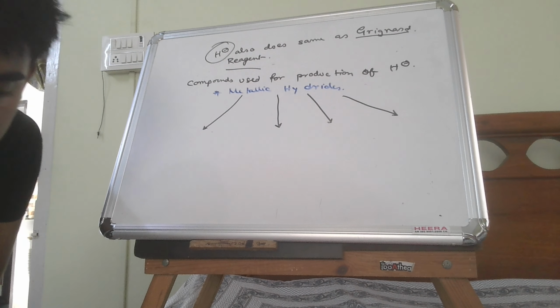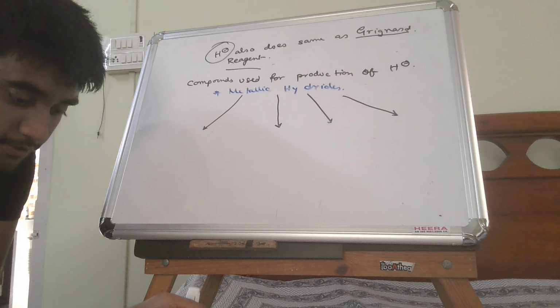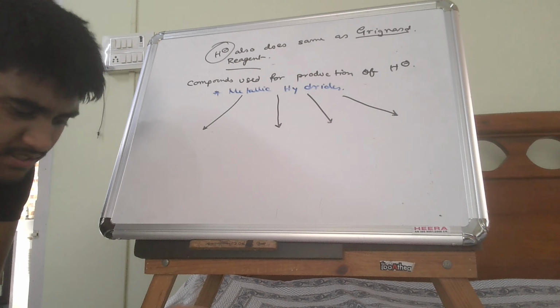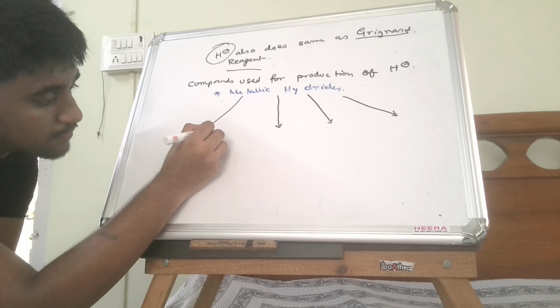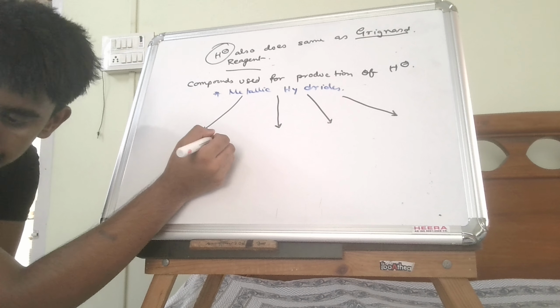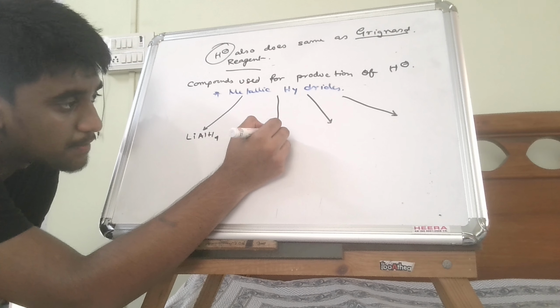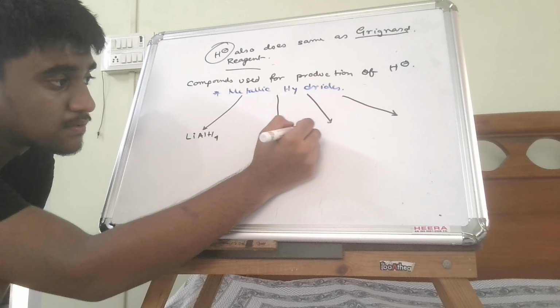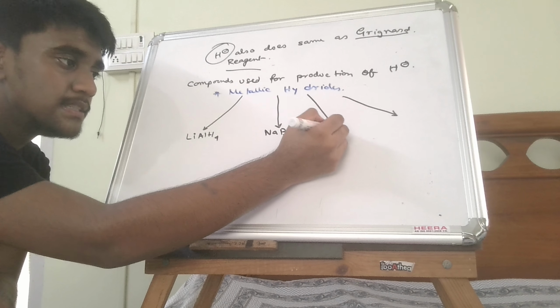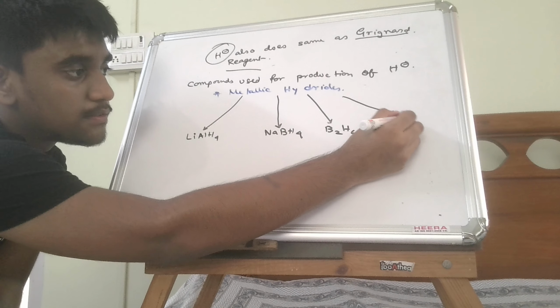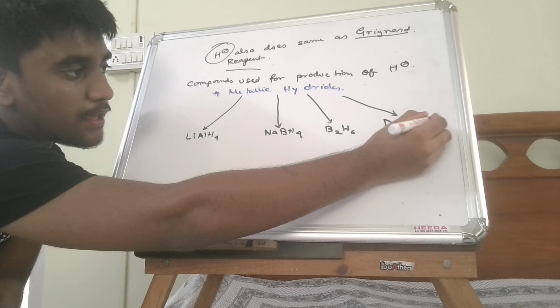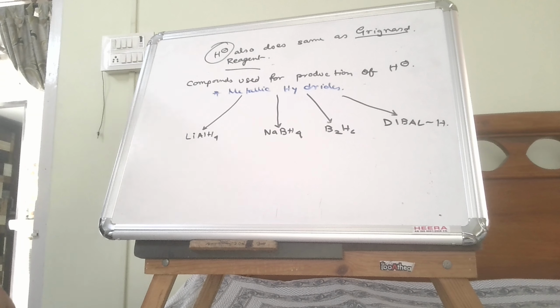Here we can classify them into four types: LiAlH4, NaBH4, B2H6, and DIBAL-H.